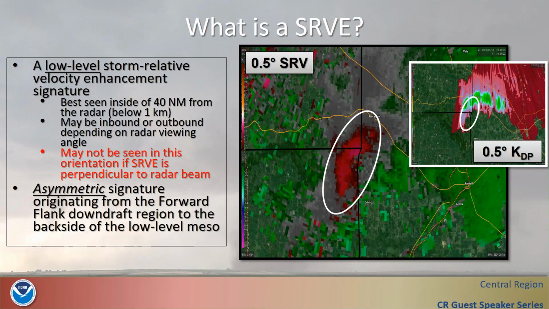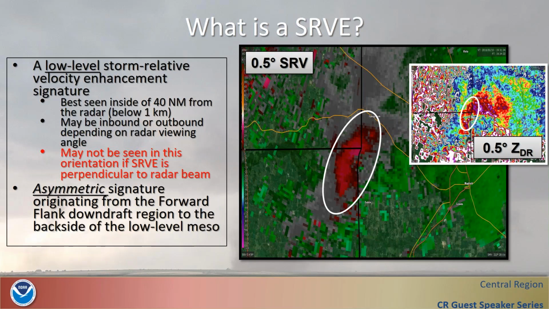In the upper right corner there, I kind of switched through various other insets of the supercell. This particular supercell is the Mayfield, Kentucky EF3 that occurred back in 2016. This particular inset is the half-degree KDP. And then this one, of course, is the ZDR that you see in the inset there.